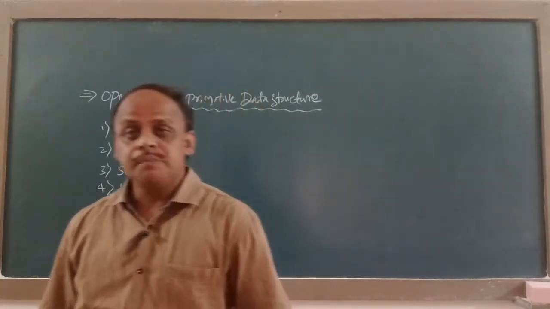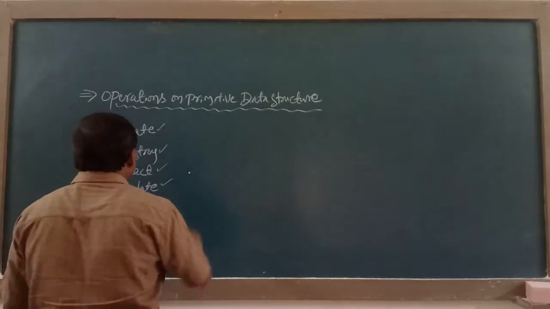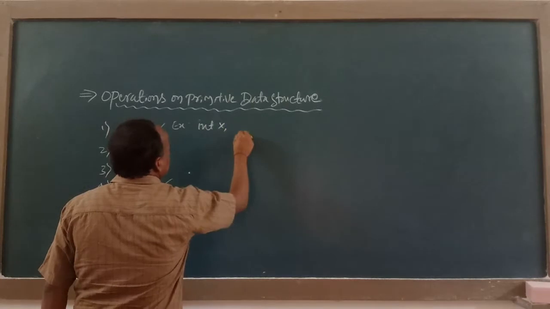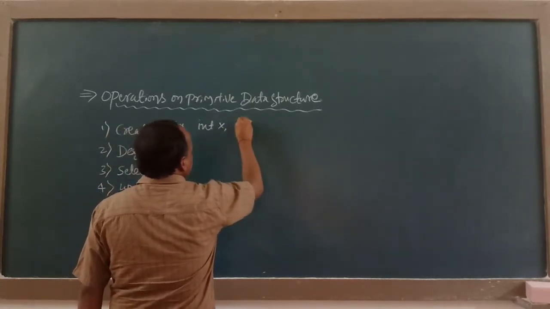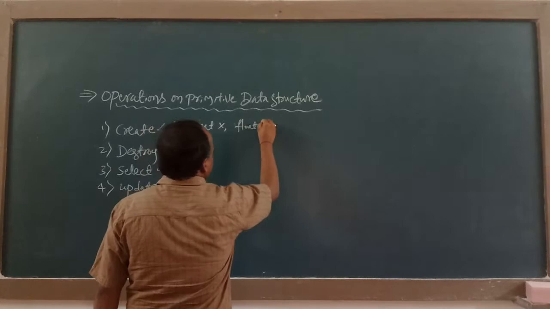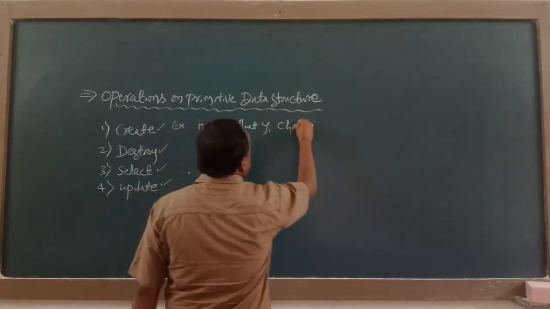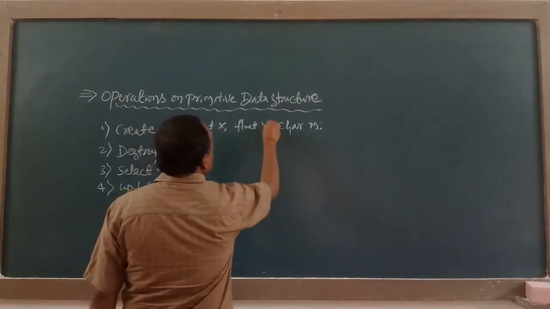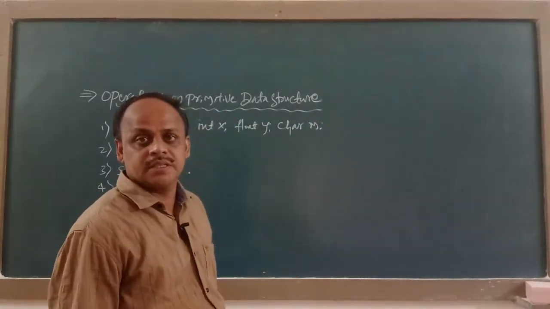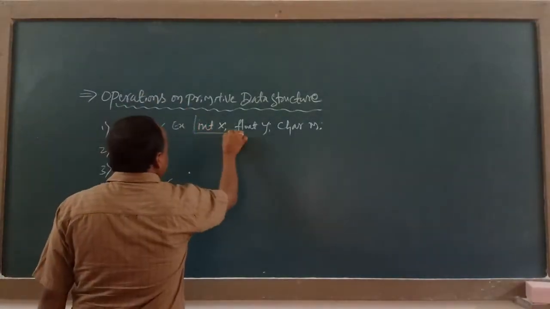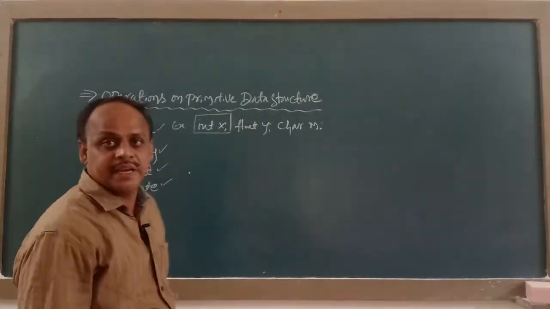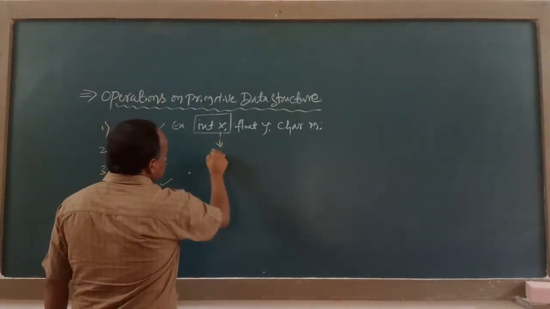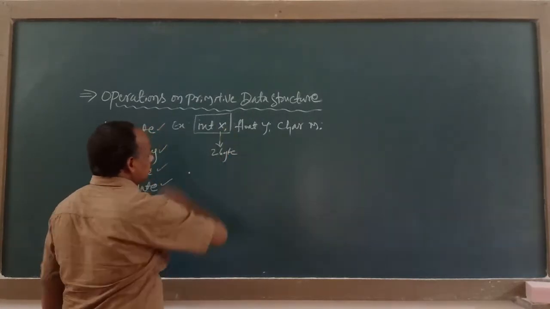And example for create operation: int x, float y, char m. So these are valid C++ statements. Whenever we declare a variable like int x, then 2 byte memory space is allocated for this variable.